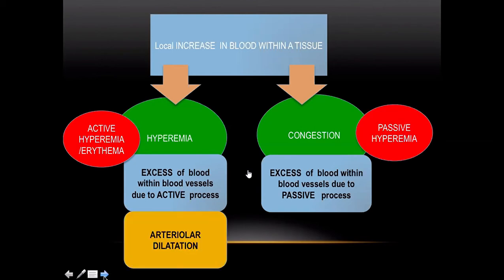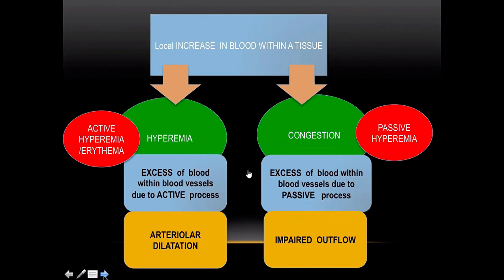Hyperemia is due to arteriolar dilatation, whereas congestion is due to impaired outflow. Are we clear? In hyperemia, the arterioles dilate because it is an active process, so there will be an excess of blood within those vessels. Whereas in congestion, the blood cannot move because there is an obstruction or something similar.